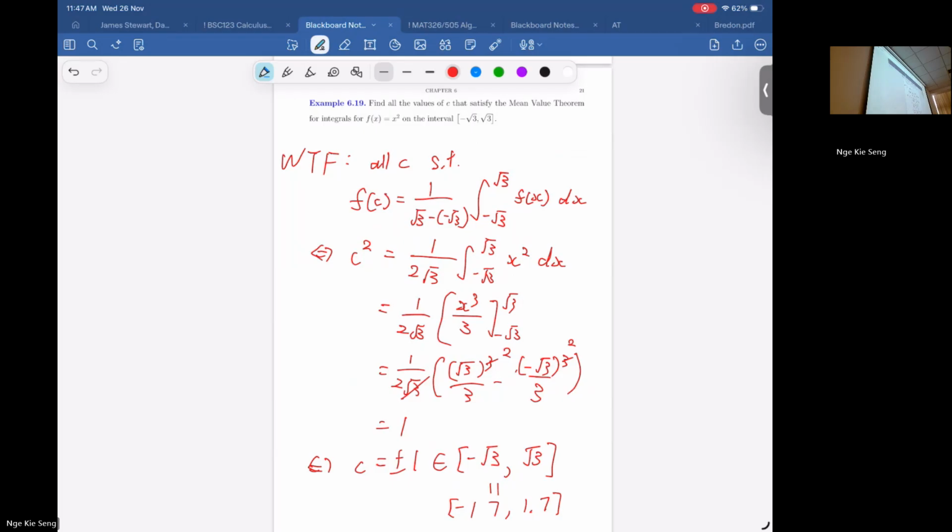So maybe the picture looks like this. So you have a y squared, right? And then you're trying to integrate from minus square root 3 to square root 3. So this is your area under the graph. But there is a rectangle that stays at c equal to plus minus 1, right? So maybe somewhere here, minus 1 or 1 here.